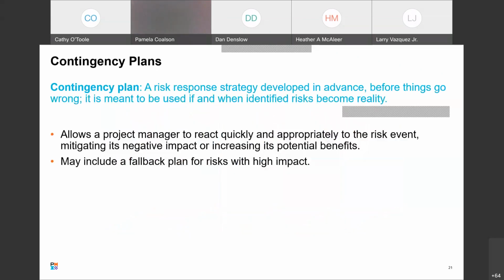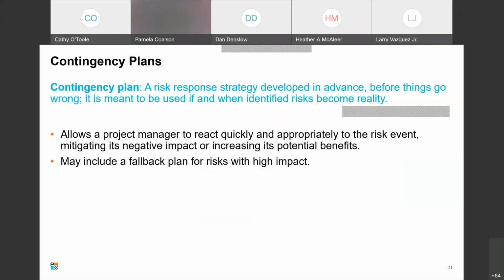Okay, now contingency plans. According to PMBOK, a contingency plan is a risk response strategy developed in advance. Ding, ding, ding, developed in advance. When you see that, that's kind of key. Before things go wrong. It is meant to be used if and when identified risks become a reality.